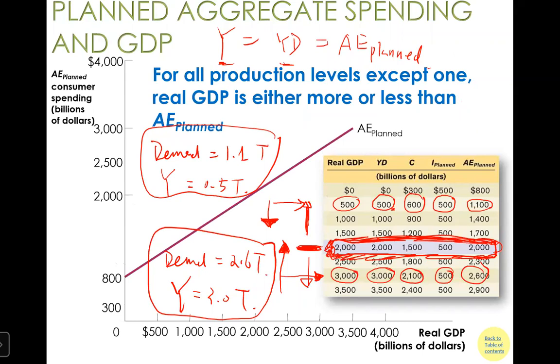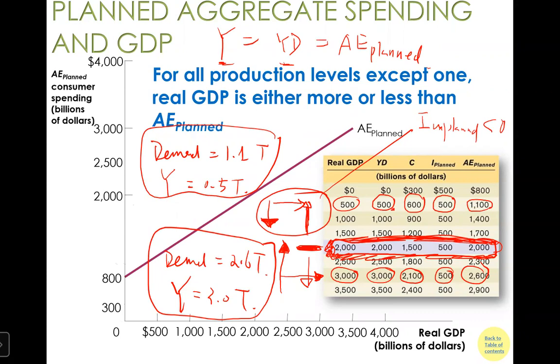So if we are in this region, you are losing your inventory, meaning your I unplanned is negative. Right? Because you cannot satisfy the demand. You're losing your inventory every month.